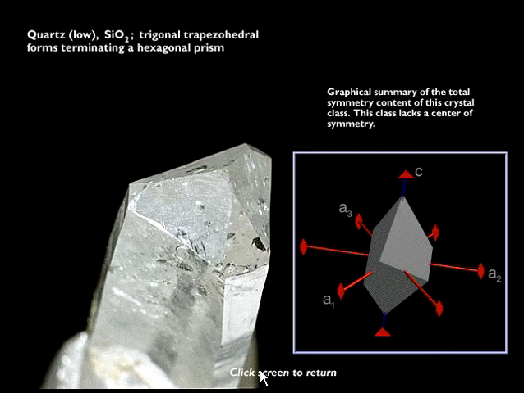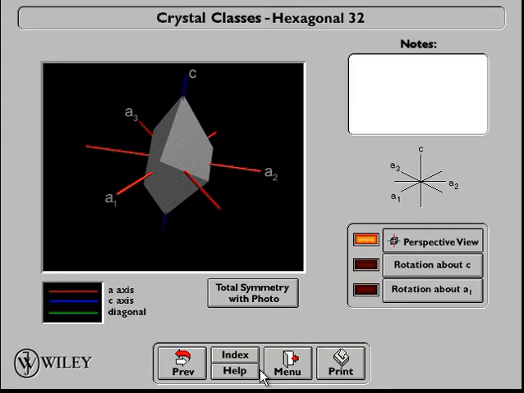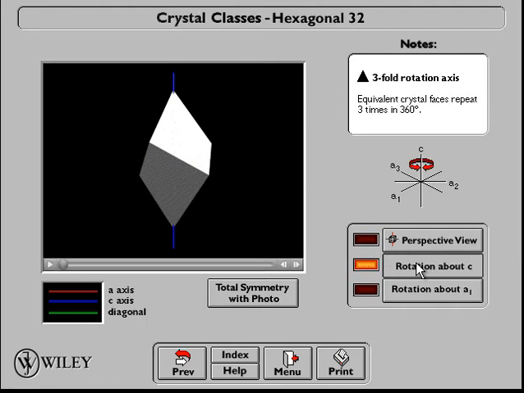Now we are clicking back to the screen and making a rotation about C. We have a 3-fold rotation axis, that means equivalent crystal faces repeat 3 times in 360 degrees. Now we can check if this is true. Yes, indeed, this is true.